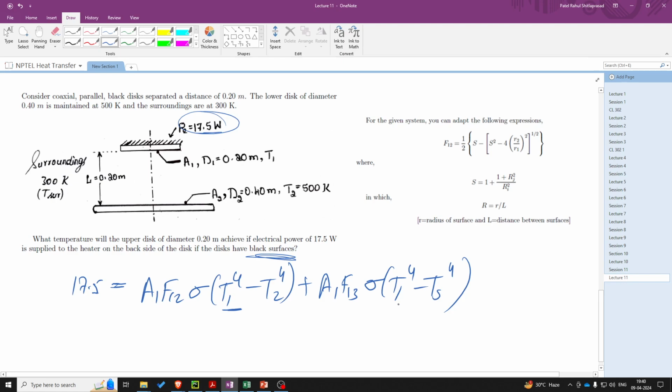We don't have the value of T1, but we can rearrange this equation in order to find T1.